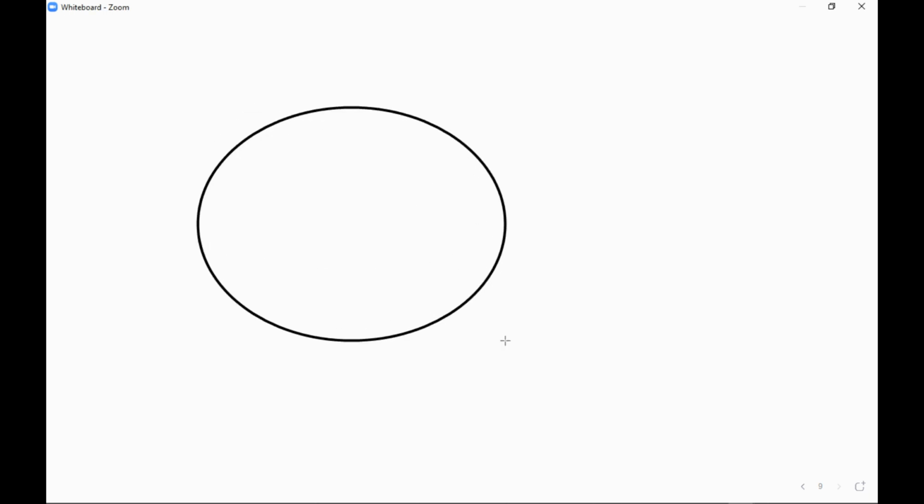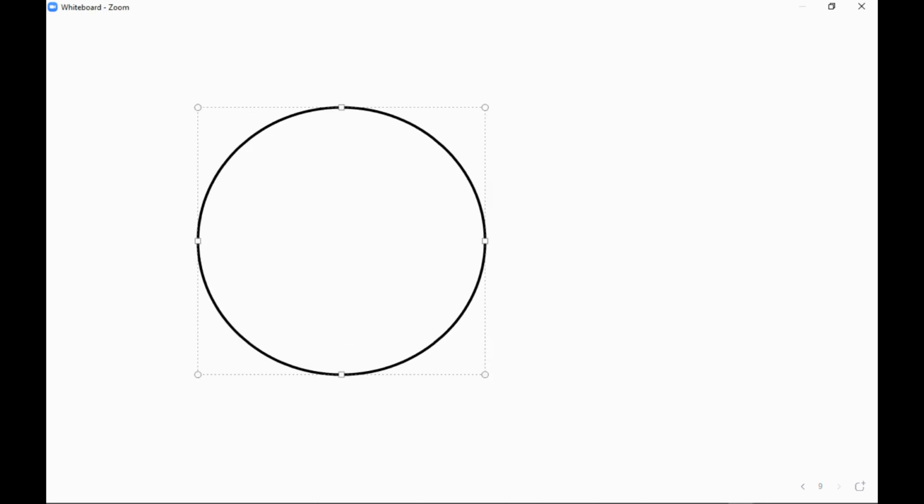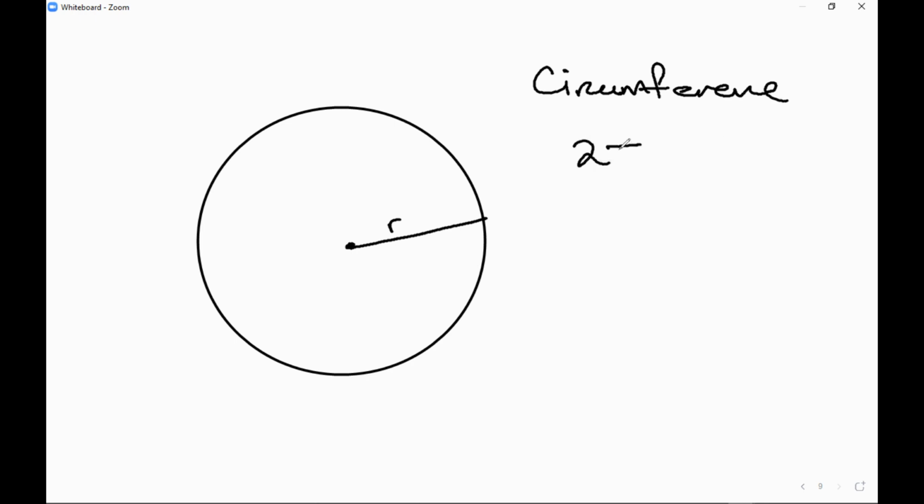So I've got a circle here. There's two formulas. The first thing we need is the radius, right? The radius will get me my circumference, which is the same as my perimeter. Circumference is given by the formula 2 pi r.